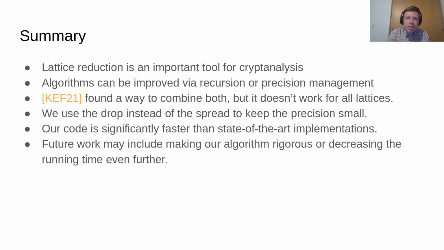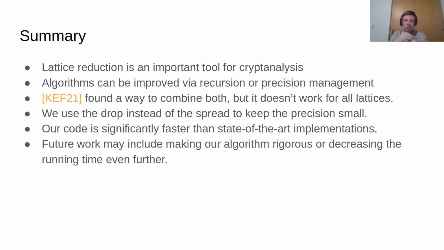But just to summarize, lattice reduction is a very important tool in cryptanalysis that appears in many different settings, and the profiles of the lattices that appear in cryptanalysis are greatly varied. If you remember that image of the 24 different profiles, there's wildly different behavior across cryptanalysis. The ways to make lattice reduction faster are both recursion and precision management, but it's difficult to combine the two.